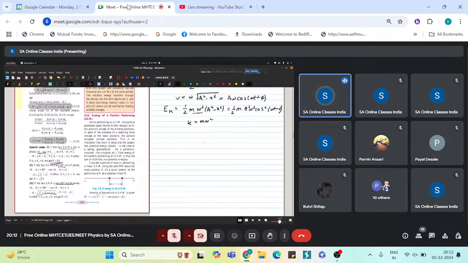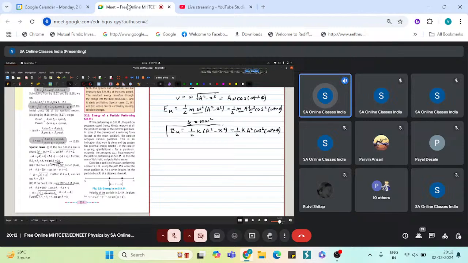And now, if you remember, we had written k is equal to m omega square, and you can also substitute that to reduce one term, and then EK is going to be half k (a square minus x square), which is also equal to half k a square cos square(omega t plus phi).